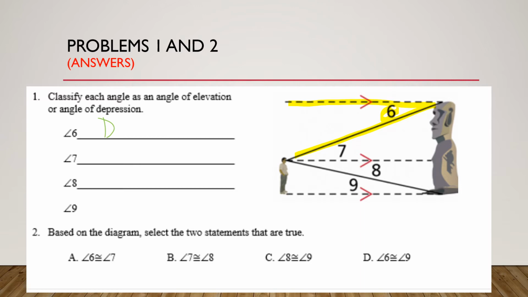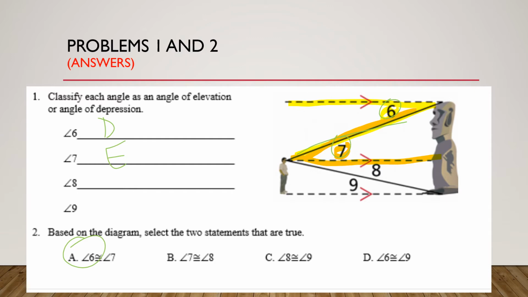If we look at angle 7, here's our horizontal line, here's our line of sight. 7 would be above the horizontal line, so it would be an angle of elevation. And then we can see using that same line of sight, 6 and 7 are on opposite sides, so they would be congruent to each other.